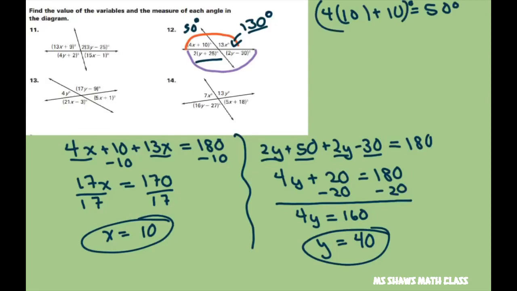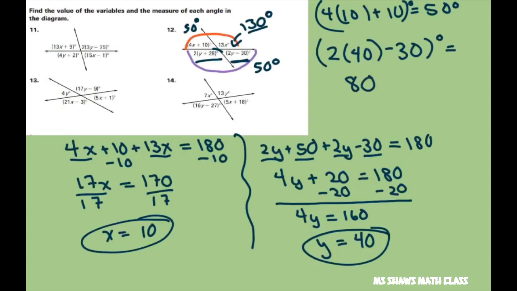All right, and then you can plug in 40. I'll plug in 40 here. That should also be 50, by the way, because of your vertical angle theorem. So let's check that out. 2 times 40 minus 30, that's going to be 80 minus 30, which equals 50 degrees. And then this one should be 130 degrees.